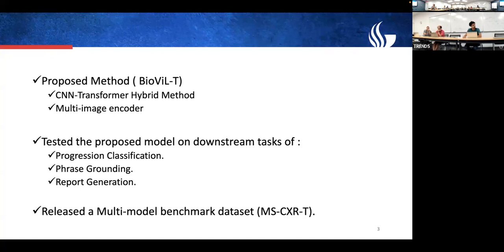And then report generation, which essentially describes what's going on in an image. These are the tasks they conducted experiments on. They also released a multimodal benchmark dataset, MS-CXR-T, and they used it for the downstream tasks.